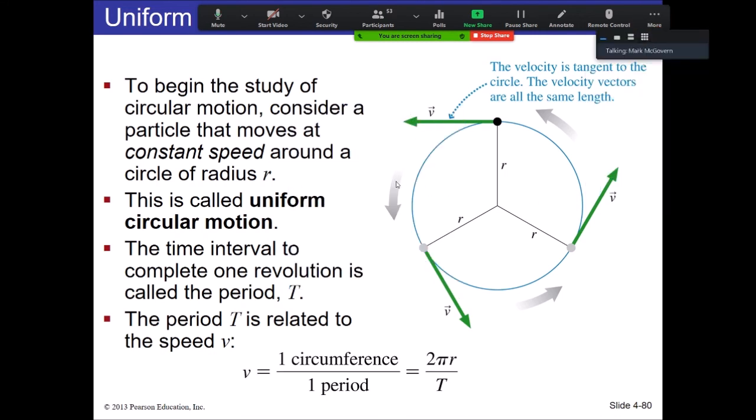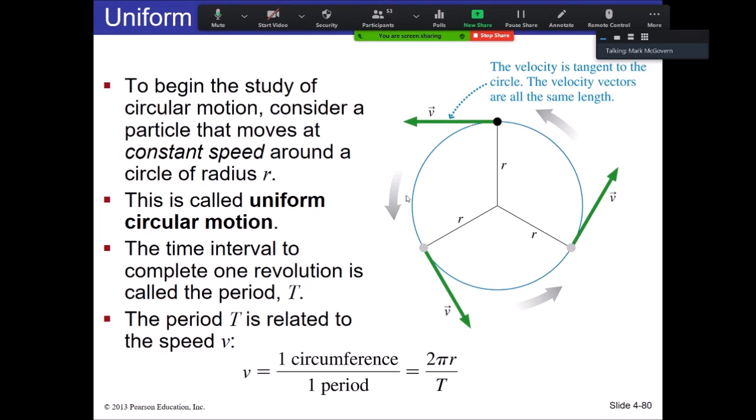Now, the simplest type of circular motion is what's known as uniform circular motion, where you maintain the same speed at a constant radius.